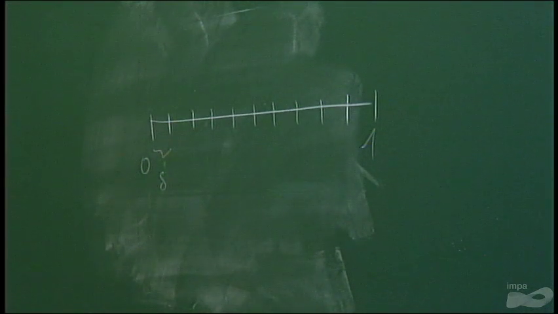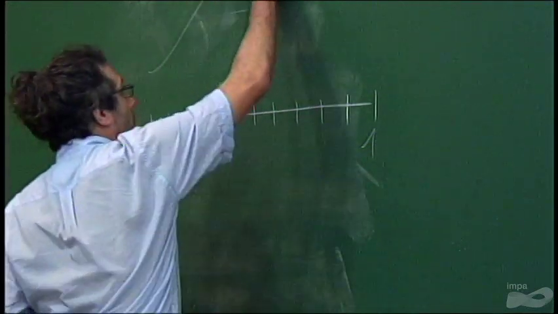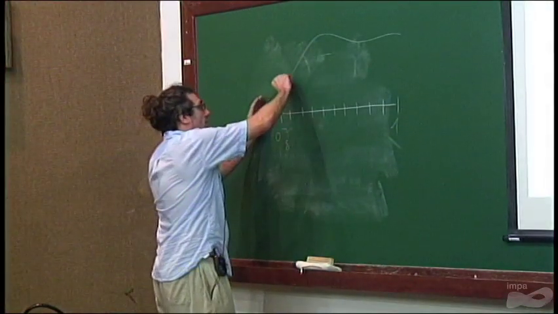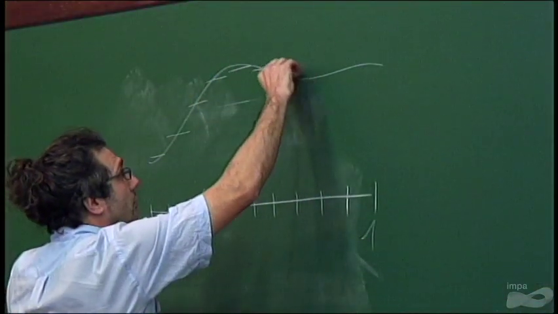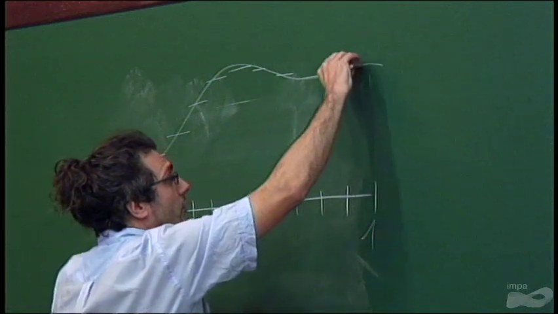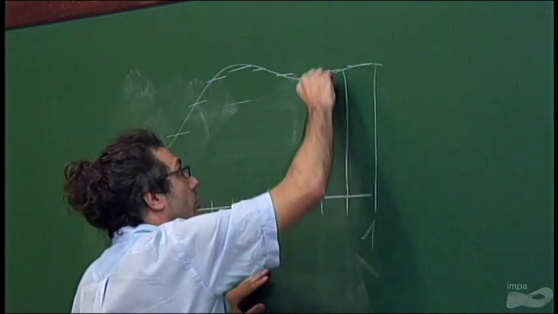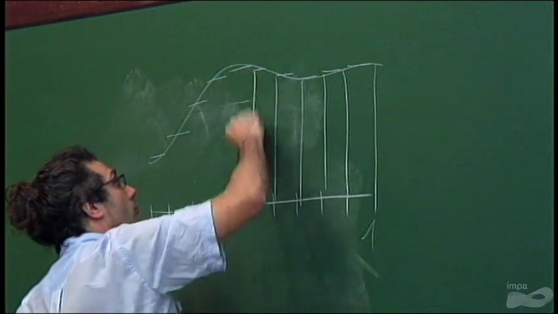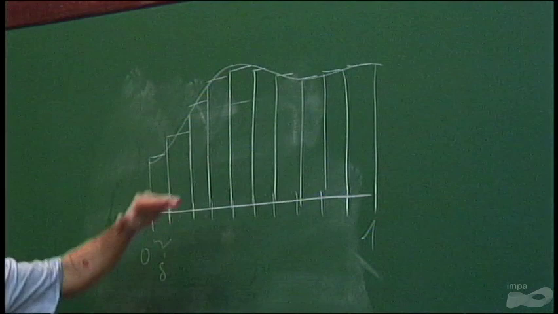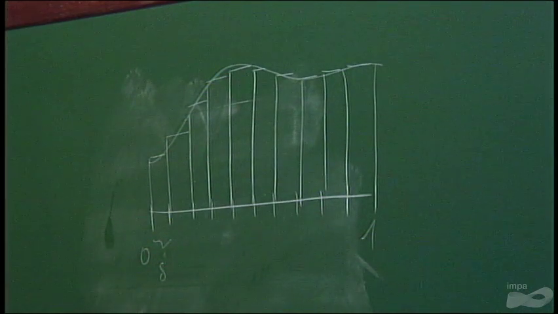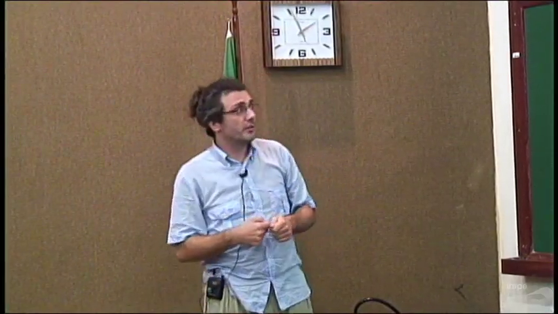And what you do is look at the conditional expectation of this measure on these intervals. So if the measure has a density, you are looking at a piecewise constant function that represents the average of this density on each interval.